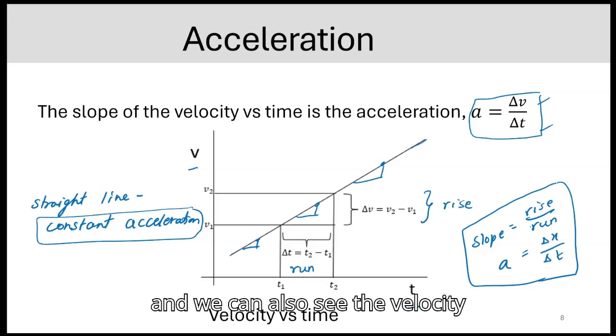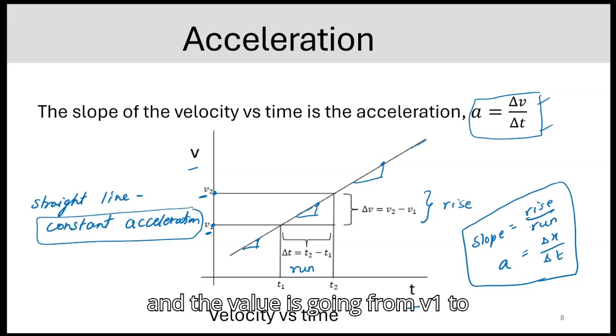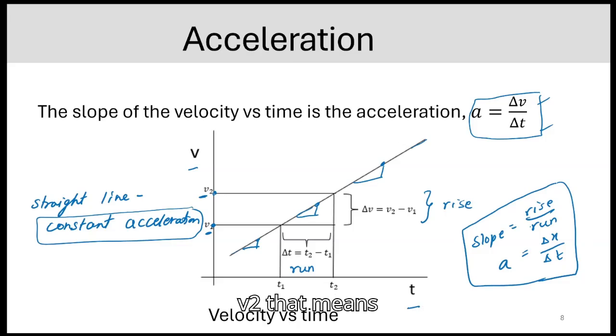And we can also see the velocity is going from a smaller number into a larger number, so we can say the acceleration is positive, sorry, the slope is positive and the value is going from v1 to v2. That means the velocity will increase as time passes by.